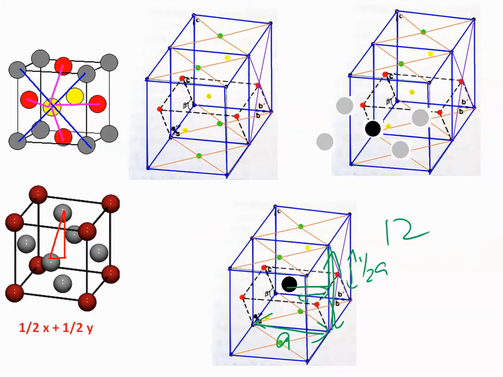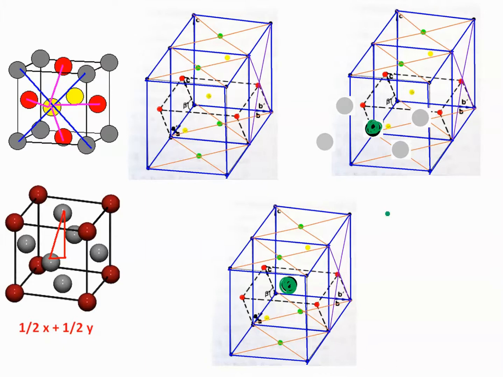Now we know that there are 2 types of lattice point in the face center cubic. Just now I picked the lattice point on the plane, but now I pick the lattice point on the corner. By the definition of a Bravais lattice, the lattice point on the plane should have exactly the same environment as the lattice point at the corner.